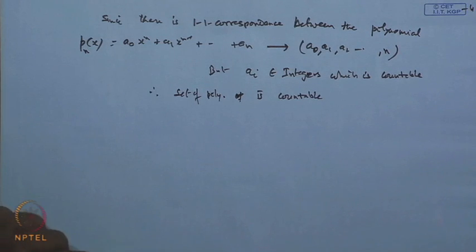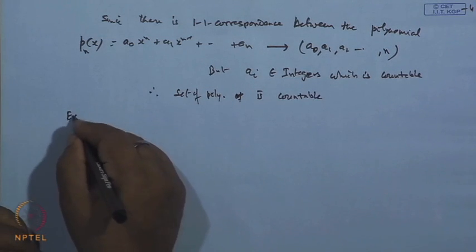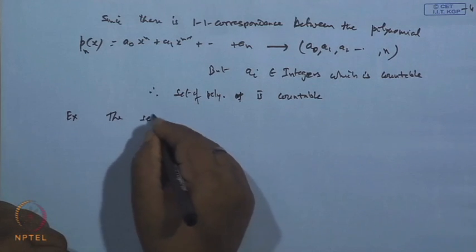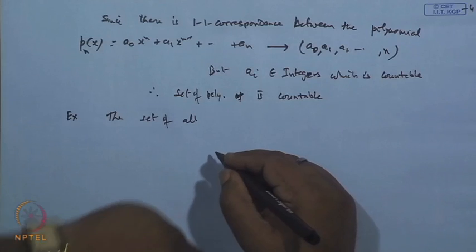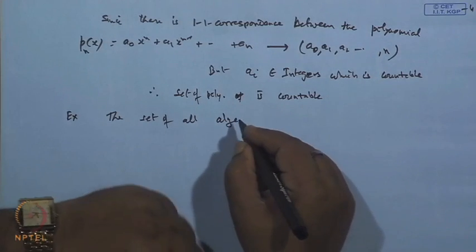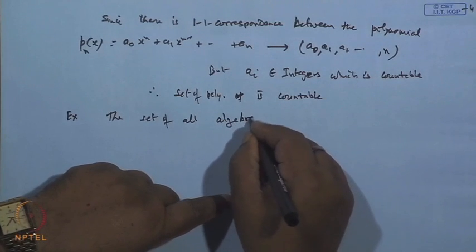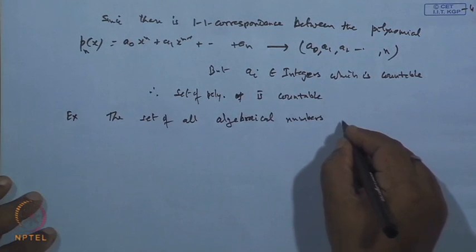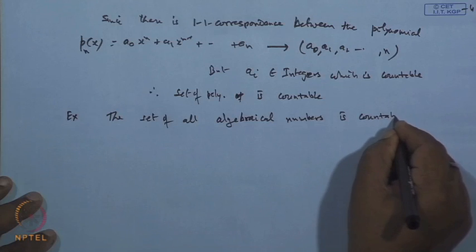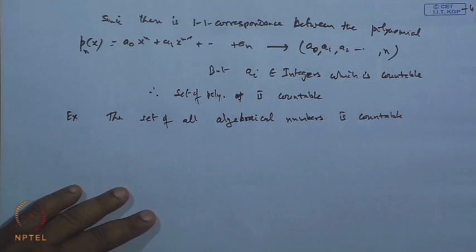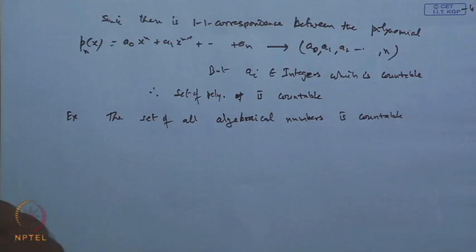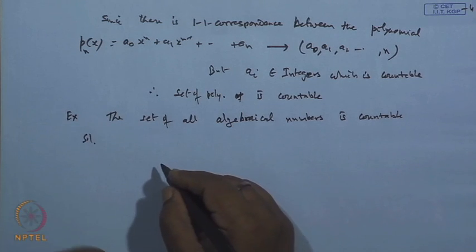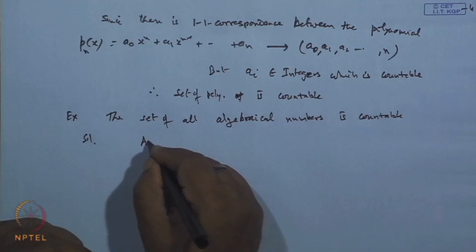Okay. Then algebraic numbers. The set of all algebraic numbers is countable. What is an algebraic number?